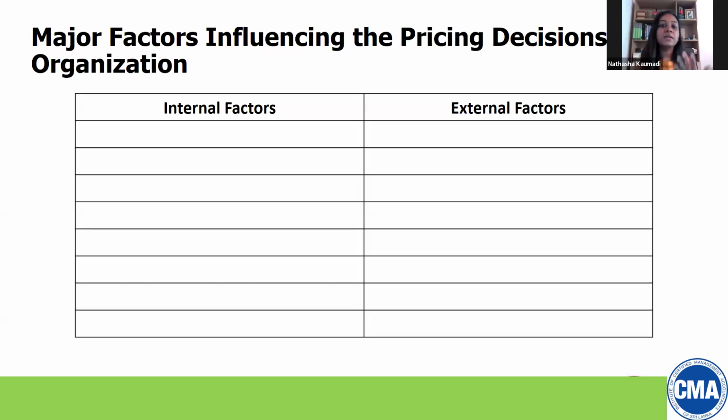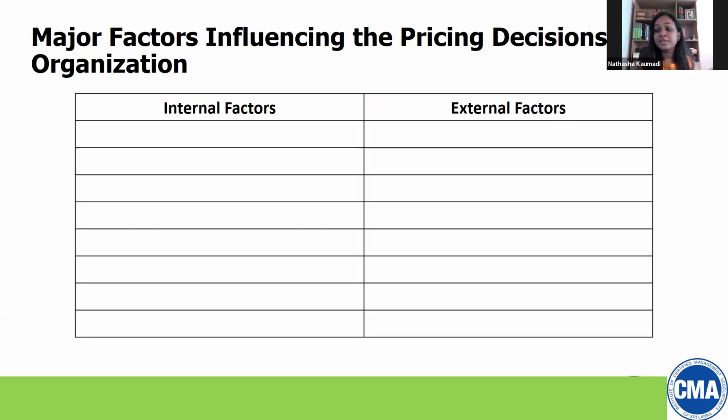Now, is that price okay for the current context, right? Do we need a price revision? Likewise, what are the factors affecting this decision, pricing decisions? What do you think? What is the main factor? There are so many factors. What's the main factor? What's the main factor affecting this pricing decision?